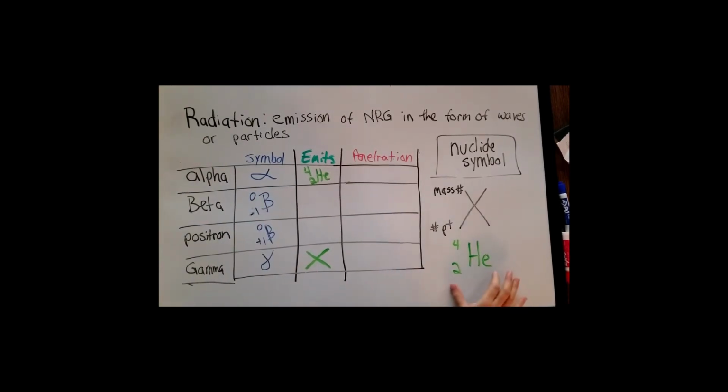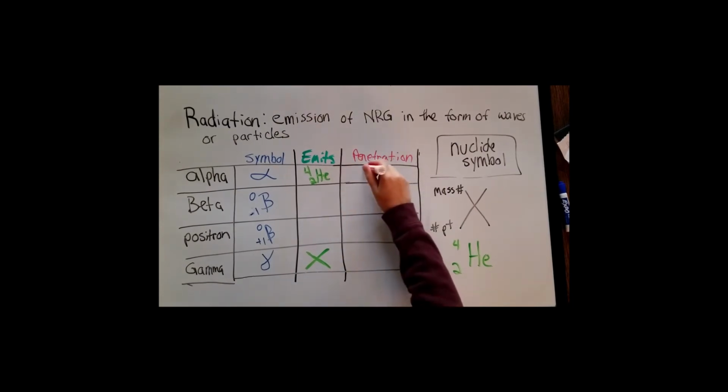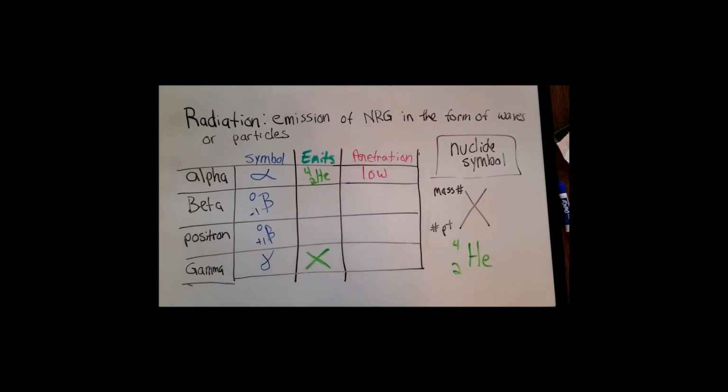Now, alpha particles are the largest. They have the highest mass. So they're also going to be the slowest. Since they're the slowest, their penetration power is going to be very low. You don't need a lot to stop an alpha particle, because that's the thing about radiation, right? Radiation can be scary. You want to try to limit your exposure to radiation.